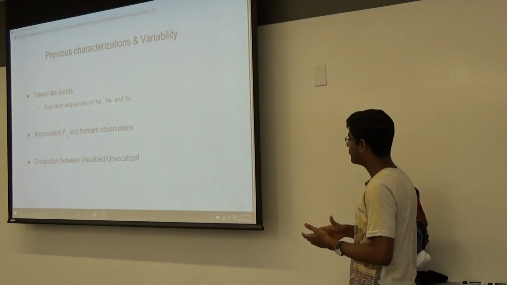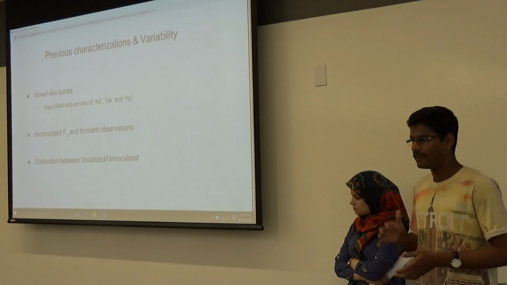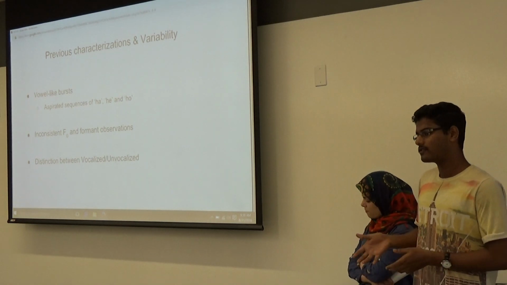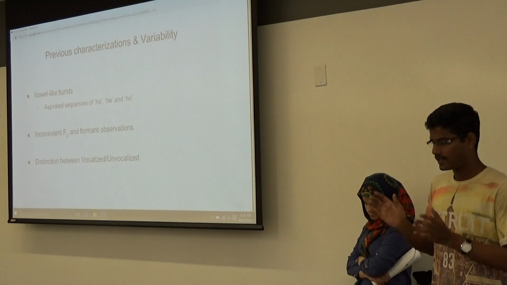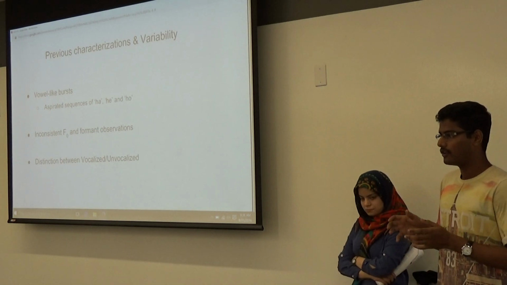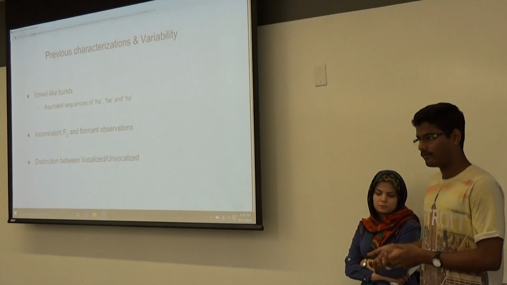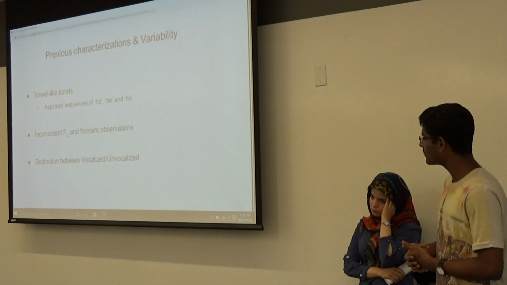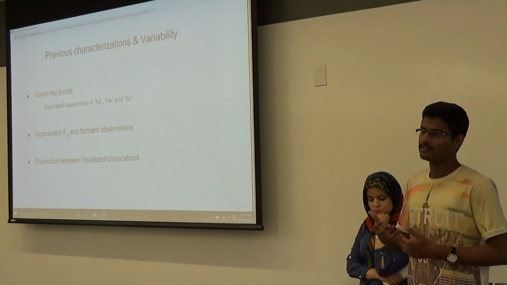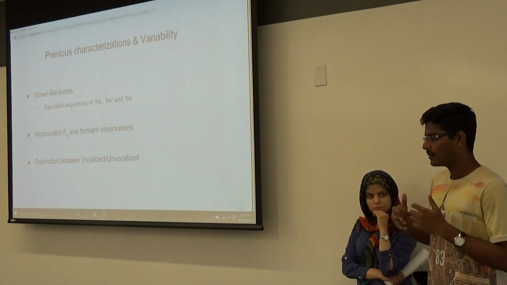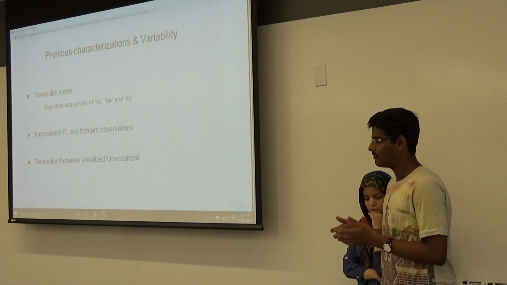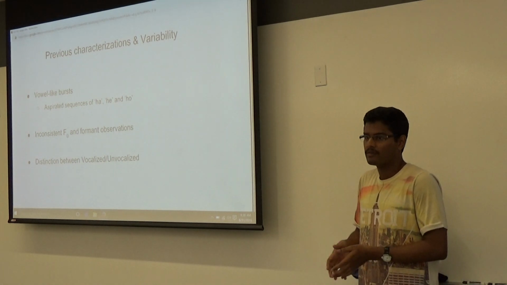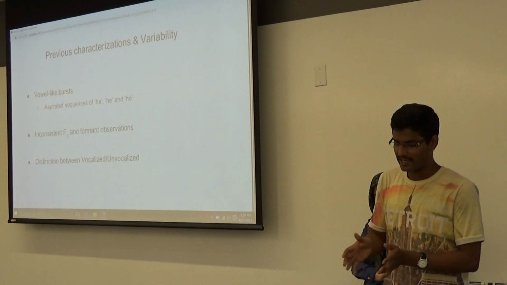In this paper, the authors give a very brief summary of how people have looked at laughter over the years. The author states that most people have looked at very small examples, but no one has come up with enough data to make a comparative analysis of whether it differs across people. People as early as Darwin talked about laughter as vowel-like bursts, which is pretty intuitive, since we associate laughter in text with ha, he, ho.